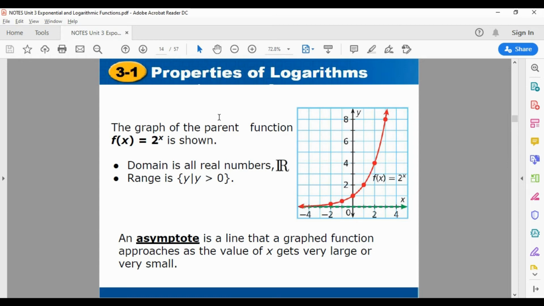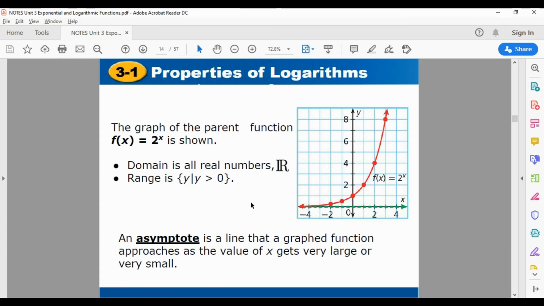All right, so reviewing the properties of exponentials, if you're looking at the function 2 to the power of x, you'll see that the domain is all real numbers, and that the range starts at 0, but not including 0.